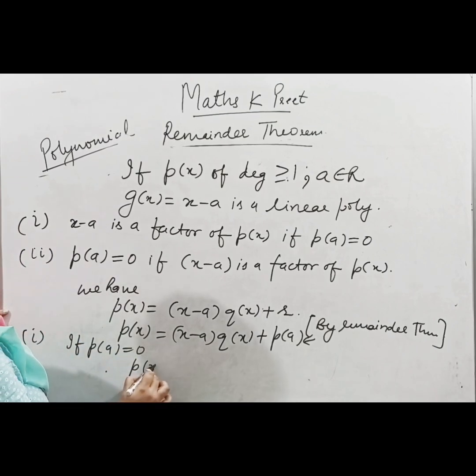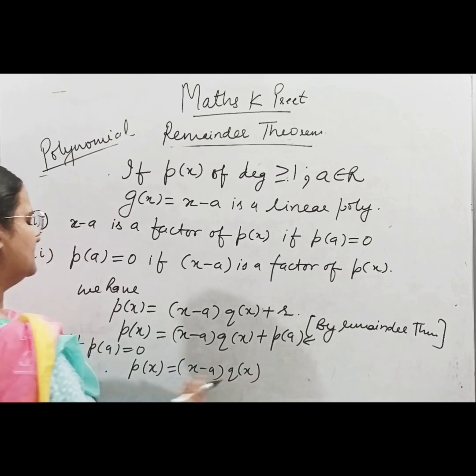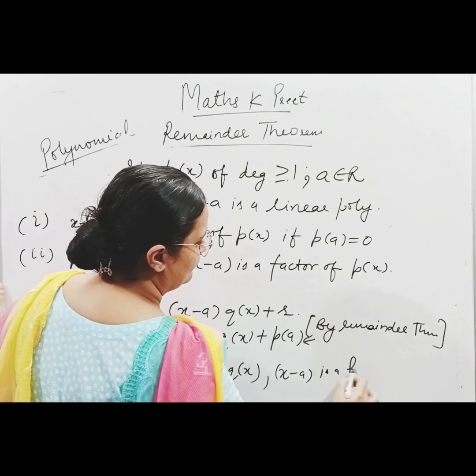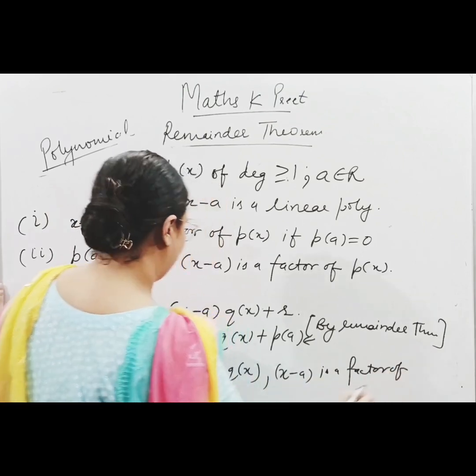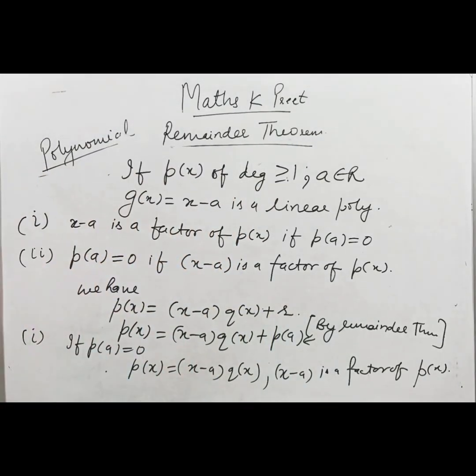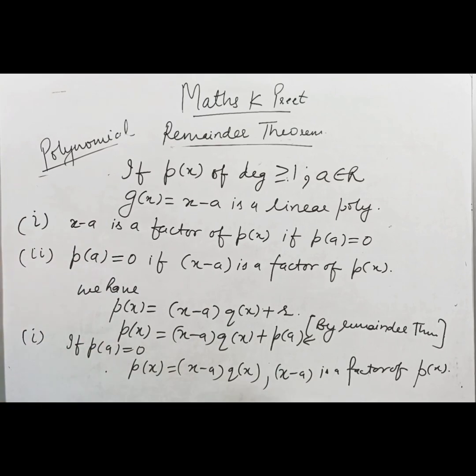We are left with x minus a into q of x. So this gave us that x minus a is a factor of p of x. Why? Because the remainder is 0. This is the definition of a factor, an exact divisor. Second, if x minus a is a factor of p of x, then p of a equals 0. I am leaving this part for you, it's very easy. You can prove this and complete the theorem.